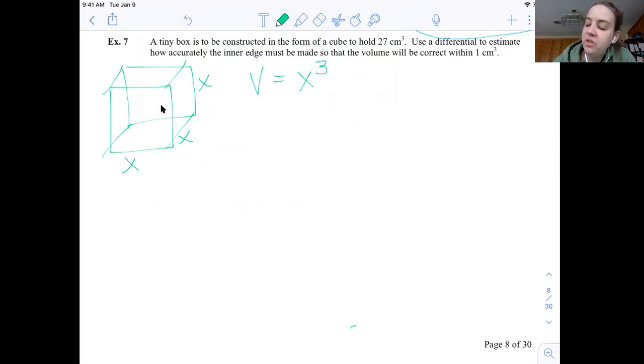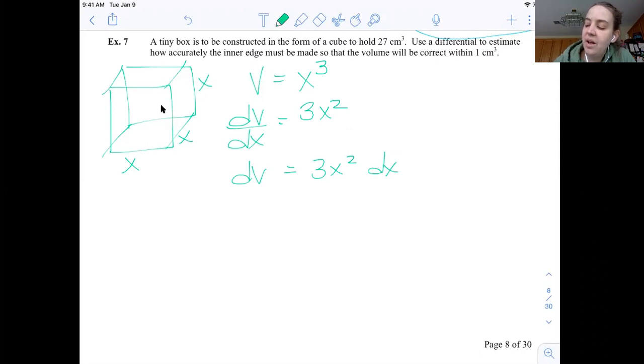So we have to find the derivative. This is an easy derivative. dV/dx is equal to 3x squared. Multiply both sides by dx, so dV is 3x squared dx. Use a differential to estimate how accurately the inner edge must be made so the volume will be correct within 1 cubic centimeter.